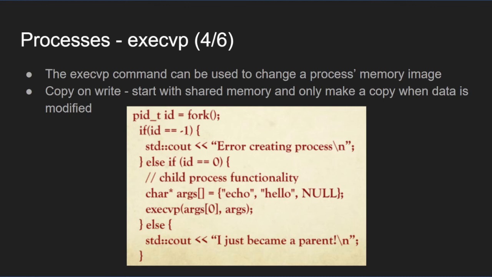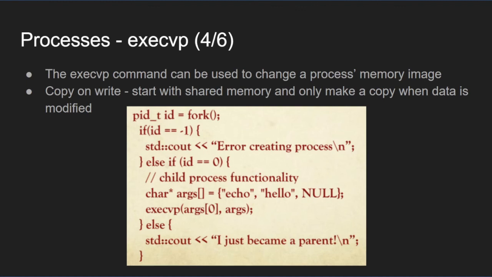Sure. So exec VP just allows you to change what the current process is executing. So let's say our current process is running one variation of the list command. We can use exec VP to run a new command line argument.